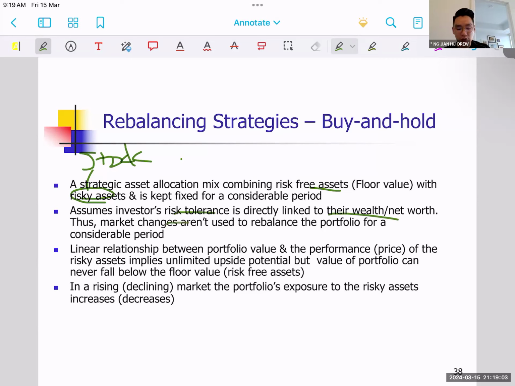The market changes are not used to rebalance, meaning you are not rebalancing based on market conditions, because you are just going to buy and hold, right? This strategy actually gives you a linear relationship of the portfolio value, with unlimited upside because you're just buy and hold, and a floor value.